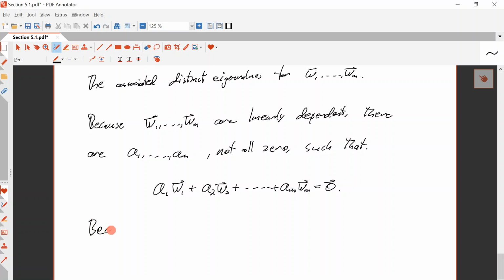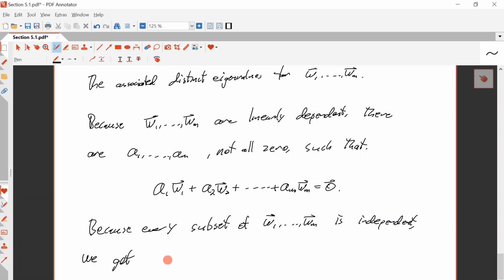So because every subset of W1 to Wm is independent, we get, in fact, A1 is not equal to 0, A2 is not equal to 0, all the way down to AM is not equal to 0.